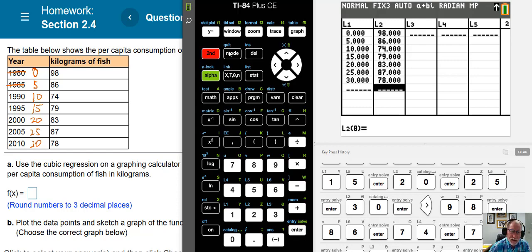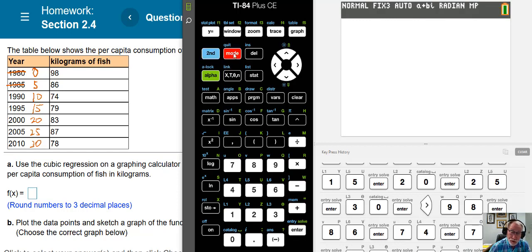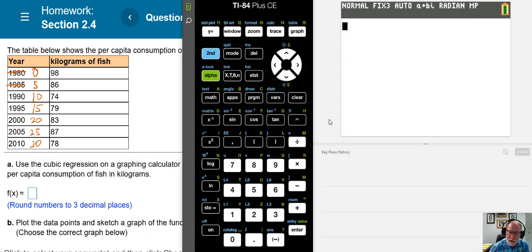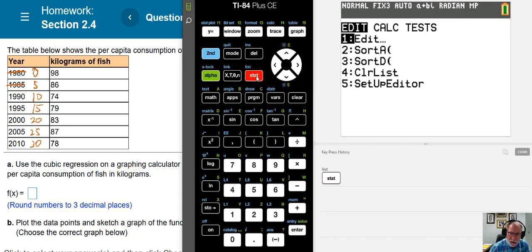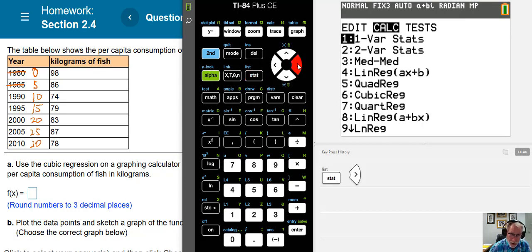I go Second, Quit. To do the cubic regression, I push the Stat key. Let me clear out all the keys over here so you can see. I push the Stat key, go right to where it says Calc, and choose Cubic Regression, number 6.